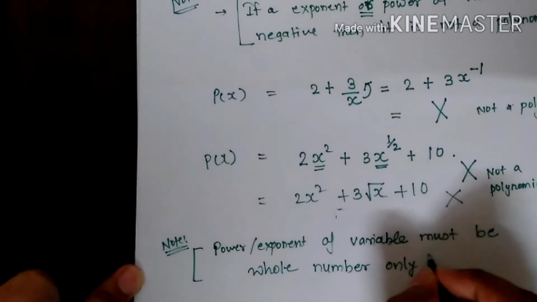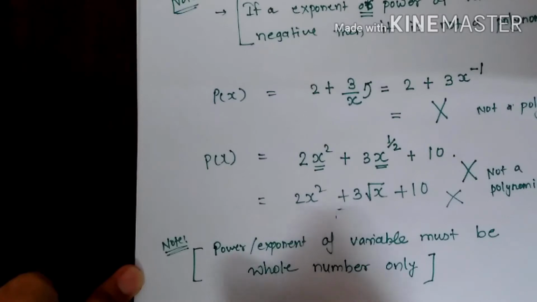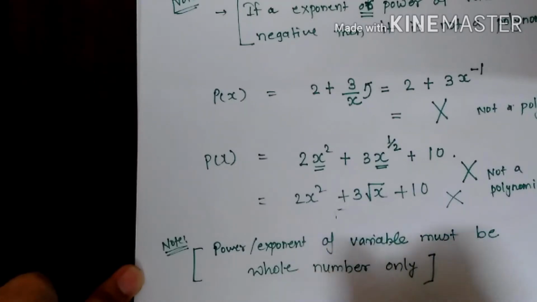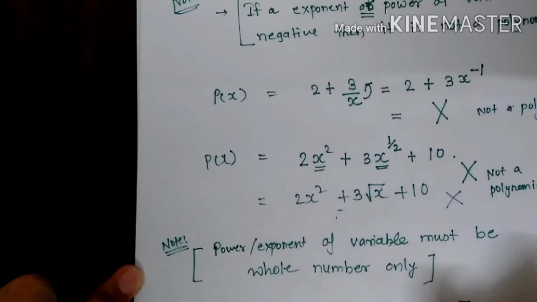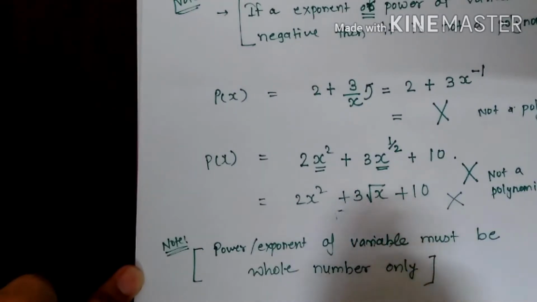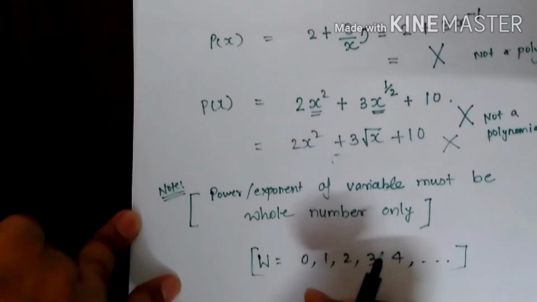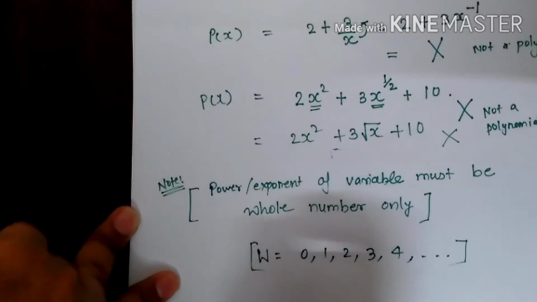Whole number means what? From 0, 1, 2, 3, up to infinity. Is it clear? The power of the variable must be a whole number only.